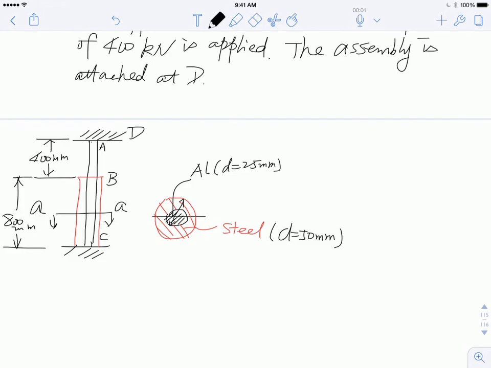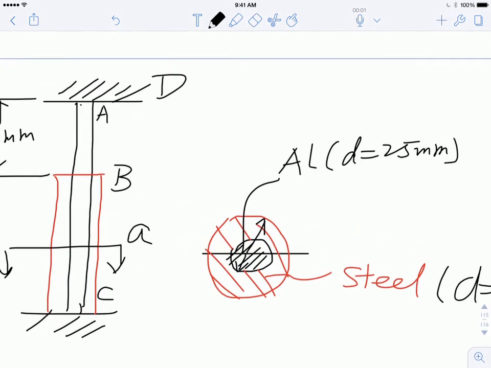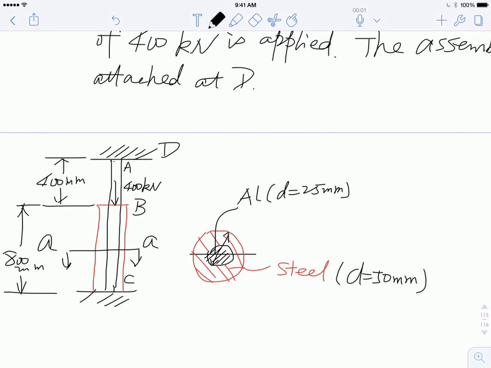The force being applied is right on point B with a magnitude of 400 kilonewtons. And this is my view of section AA, by the way. Don't forget that.